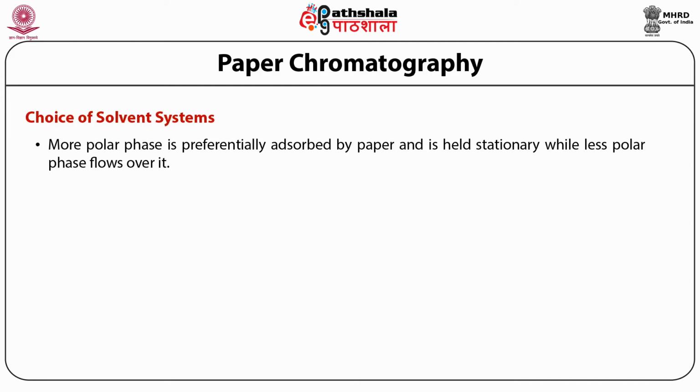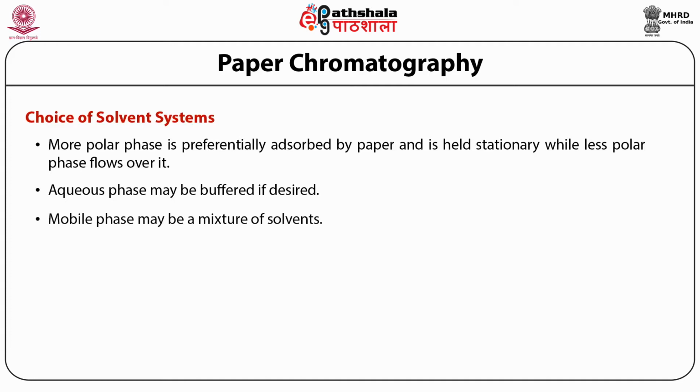In some cases, it may be desirable to remove the water from the paper in a preliminary drying operation and use an alcohol, glycol, formamide, or other polar solvent as a stationary phase. If water is used as a stationary phase, it is not necessary that the mobile solvent be immiscible, because the water phase is so tenuously held by the paper. The aqueous phase may, of course, be buffered if desired.